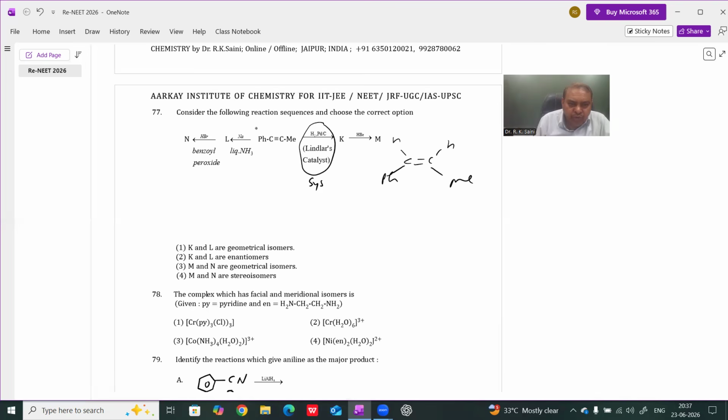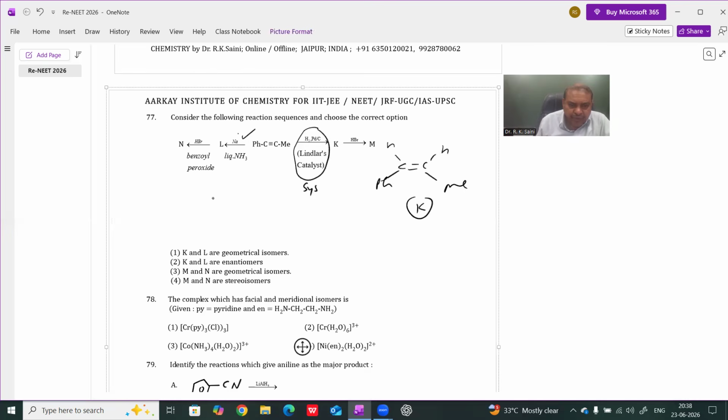In case of sodium and liquid ammonia, trans addition takes place, it is product K, and in trans reduction, it gives trans-alkene. L is the double bond trans-alkene, phenyl and Me. Therefore, option first, K and L are geometrical isomers, is the correct answer.